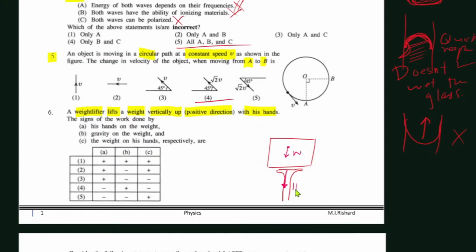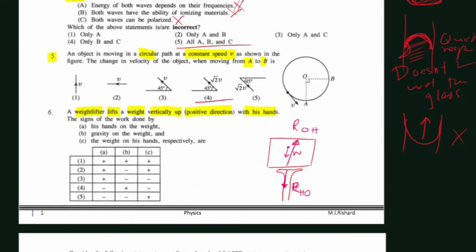According to Newton's third law, there is going to be another reaction, acting on the object by the hand.